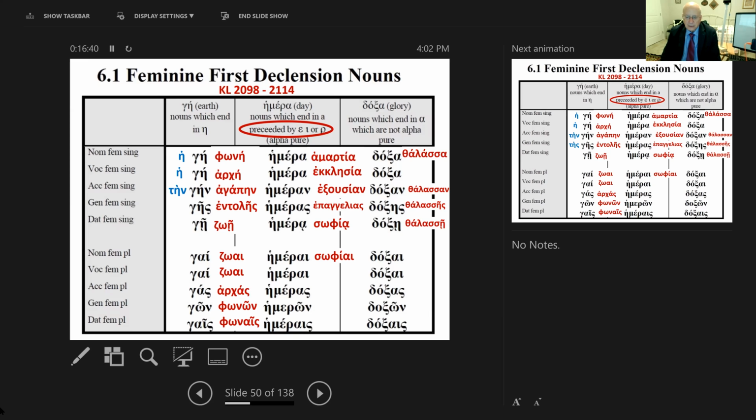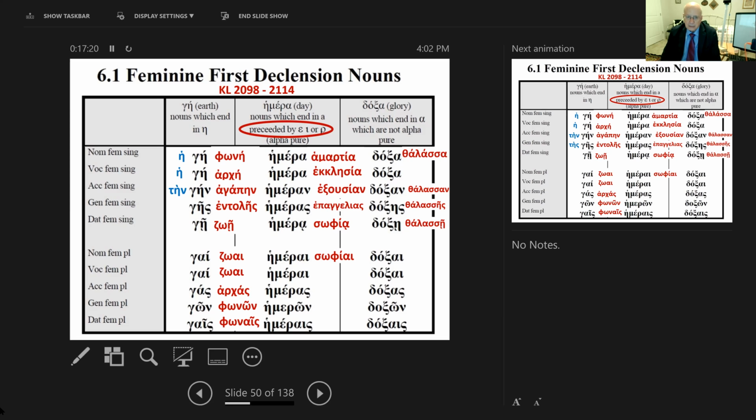So even though the word, now it's easy with agapē, John, let's see, John likes love. A simple sentence, John likes love. Love has to be in the accusative case because it's a direct object. John is the subject. John likes love. And since the object is love, it has to be tēn agapēn, or better, John likes the love.